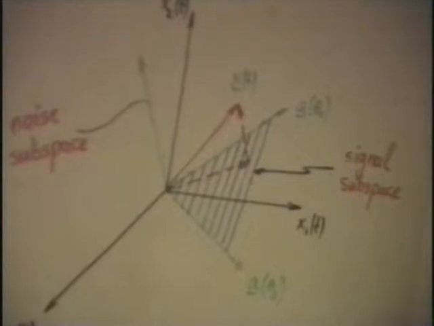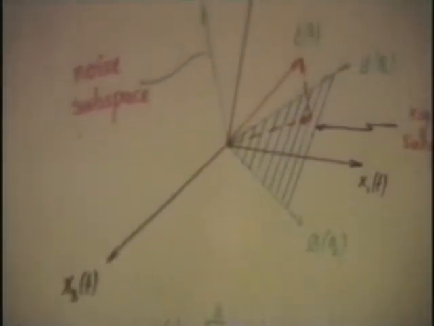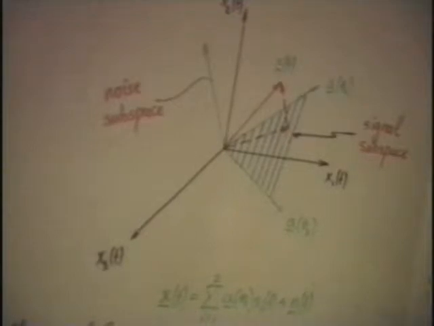The important observation is that x of t, though being p-dimensional, in case of no noise, is confined to a lower q-dimensional subspace, whose dimension is determined by the number of sources. So this is very important: the x of t, when there is no noise, is confined to some lower dimensional subspace.